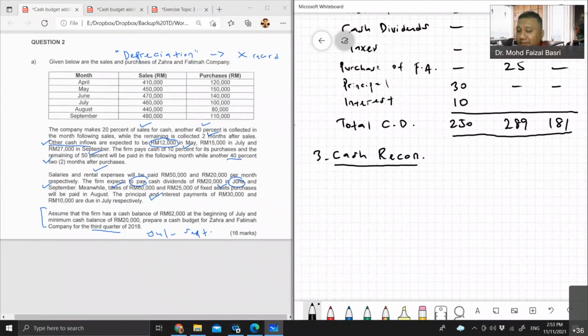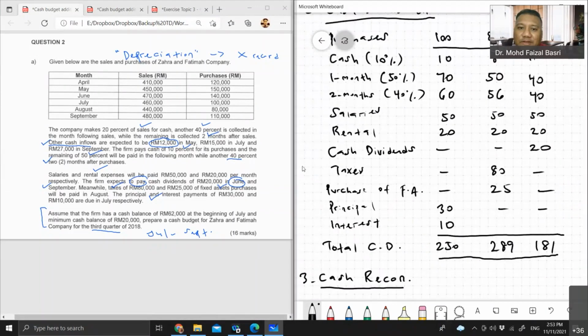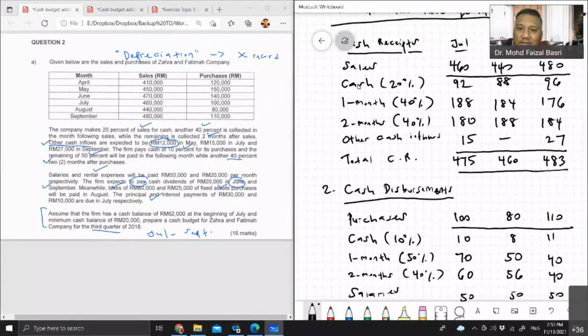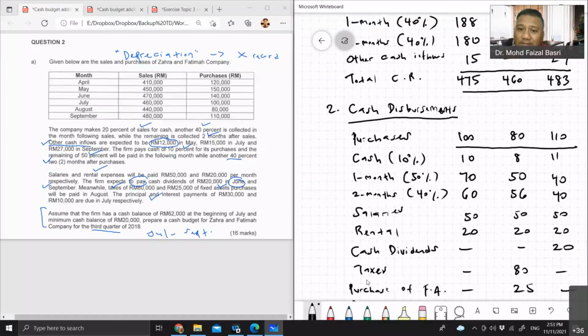For the third section, unlike our first two items, we have one fixed piece of information, which is sales. The rest depends on the question. Disbursement is the same, we have purchases fixed, but the rest is all based on questions.